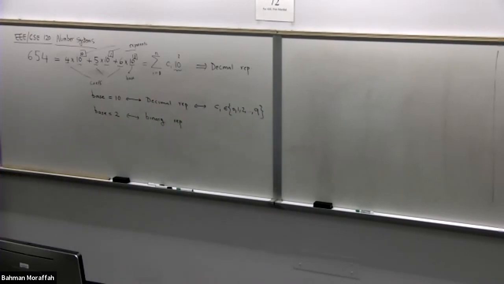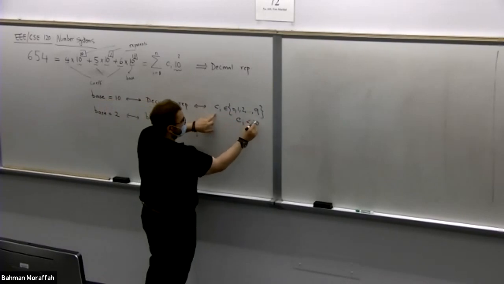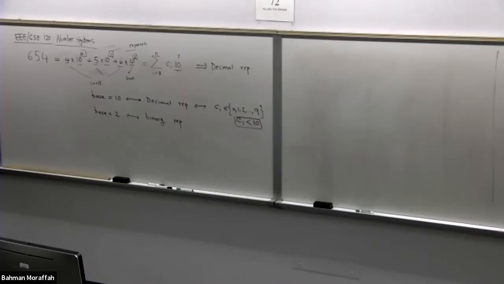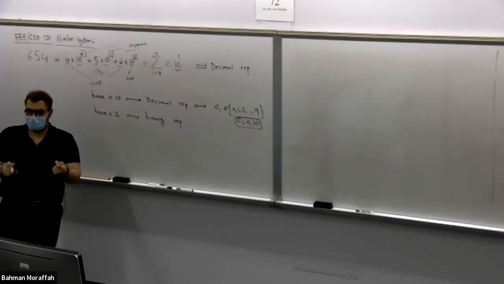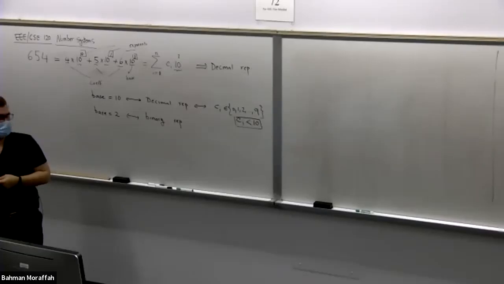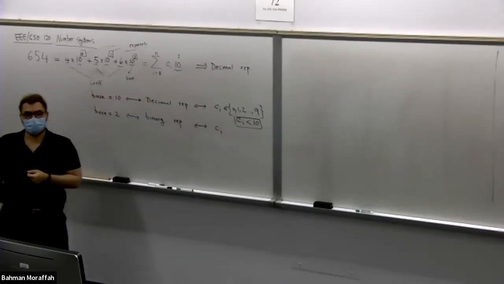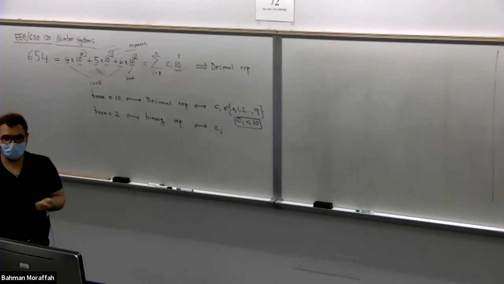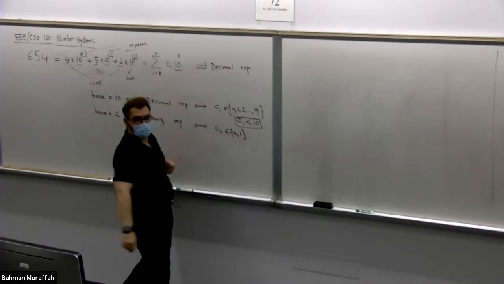Basically, all these coefficients are less than 10. The exact same thing applies here. If I have base 2 and something's more than 2, I can carry it over. So in binary representation, what's the range for ci? 0 and 1. We only have 2 possibilities.